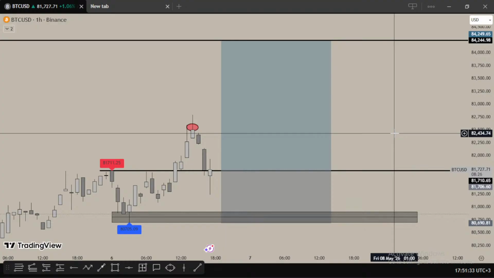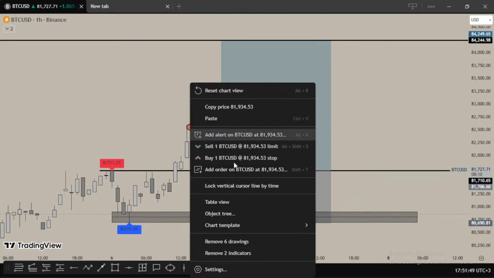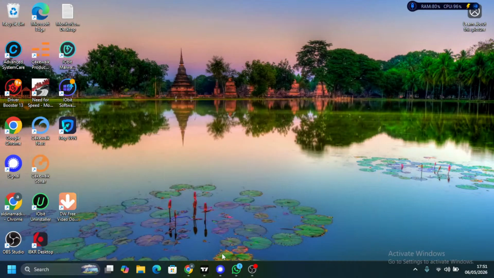The good one is 2.3. 0.92 lots. Yeah, we'll just wait and see how price is going to behave. Place an alert at this level. Now we can continue watching the documentary on Oppenheimer.